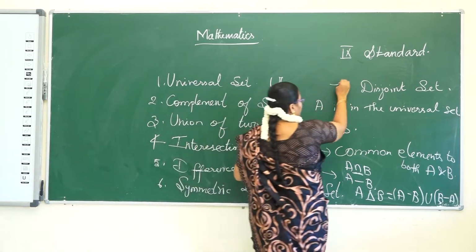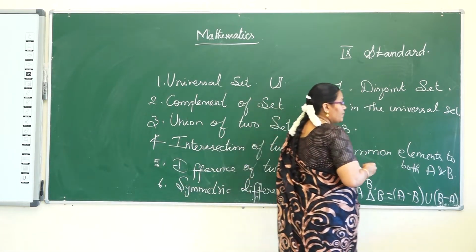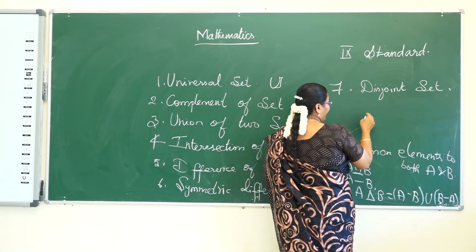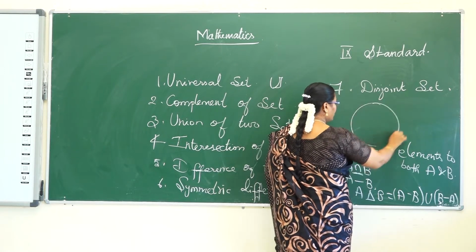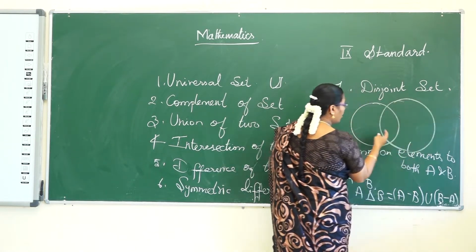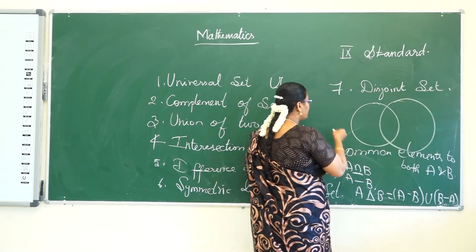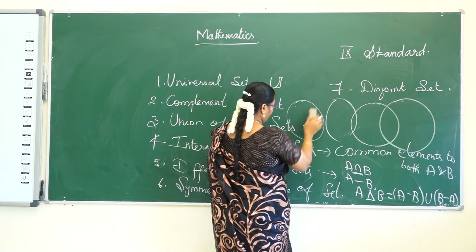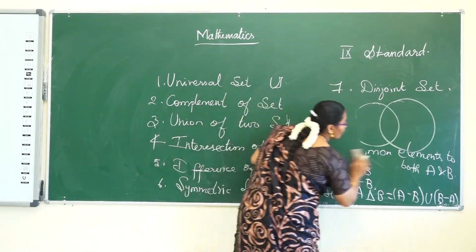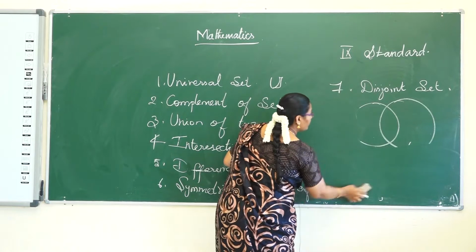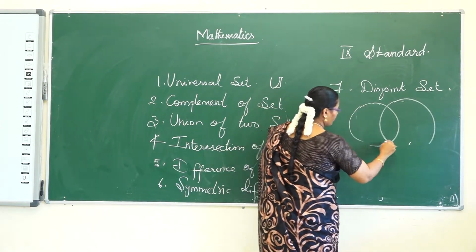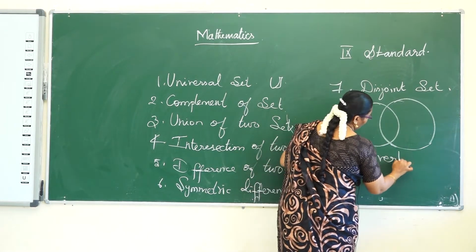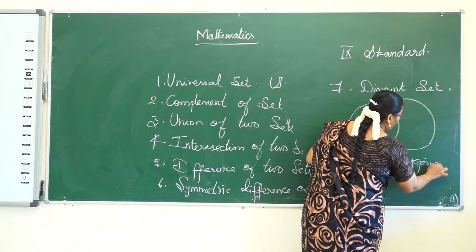And final one is disjoint sets. Disjoint sets means two sets are not overlapping. Overlapping means two sets touch each other.